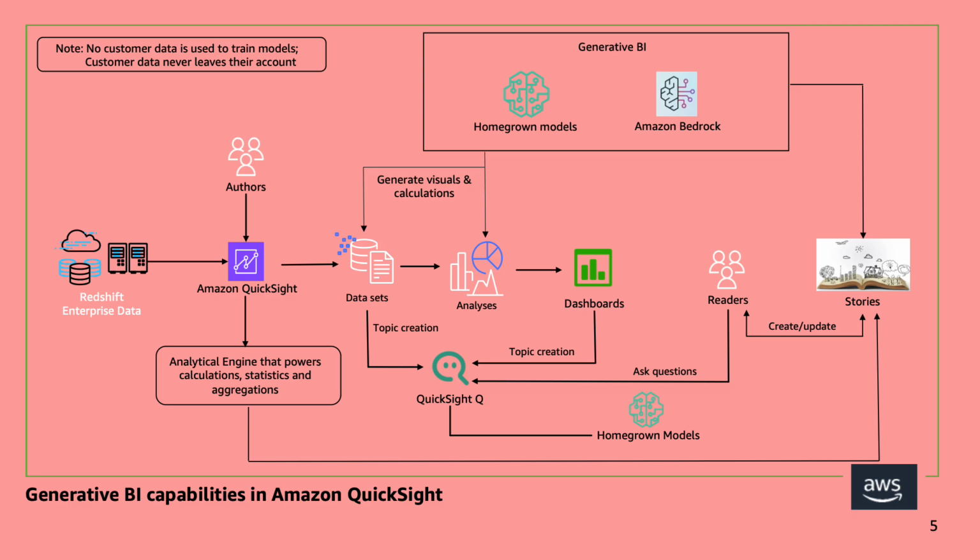language models to interpret user queries and extract entities and context from those questions. In the query generation, it transforms the natural language into more structured queries and thus leverages the QuickSight data model understanding.